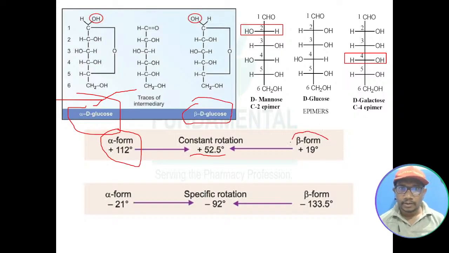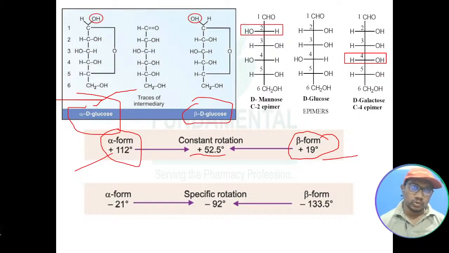That is due to the beta isomer. So alpha-D-glucose has an optical rotation of 112 and beta-D-glucose has an optical rotation of plus 19. That means the change in the optical rotation due to the interconversion of alpha and beta isomers to get an equilibrium is known as mutarotation.